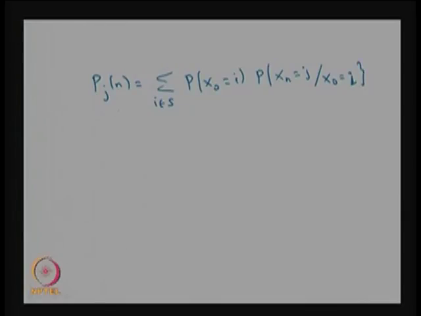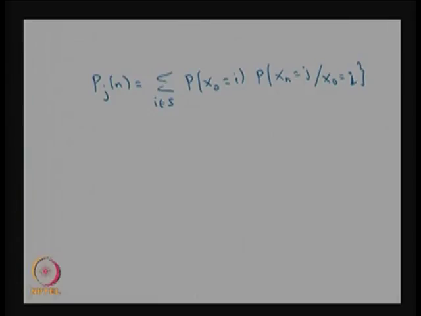This is the probability that the system will be in the state j in the nth step, over all the possible ways the system could have moved from the state i at the 0th step to the state j in the nth step.